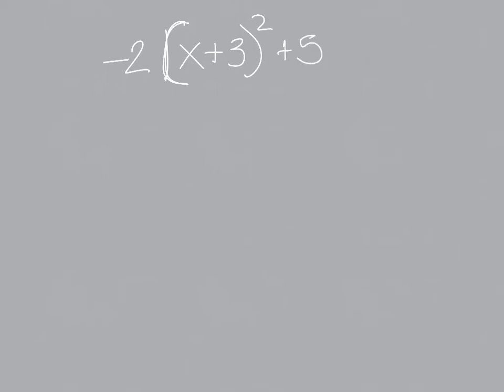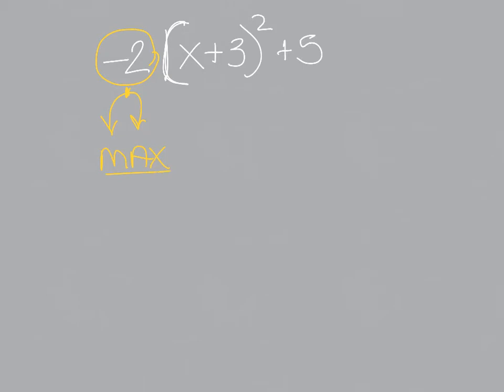Okay? All right. So, first off, this number tells me if it's going up or down. It's negative, so it's going down. So that means this is our vertex up here, so it's going to be a maximum.